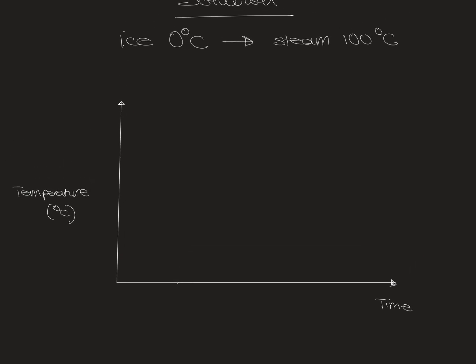So we have ice initially at 0 degrees Celsius. That is at this point here. So from ice at 0 degrees Celsius, we will have water at 0 degrees Celsius here. Then after that, from water at 0 degrees Celsius, the temperature of water will rise to 100 degrees Celsius.